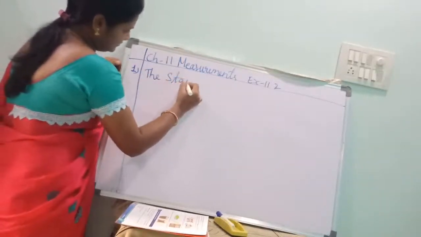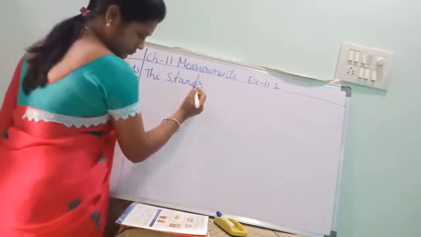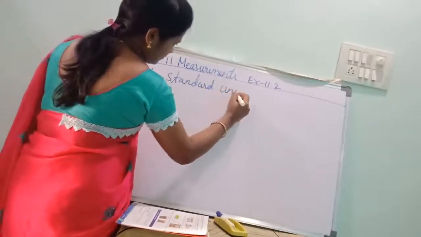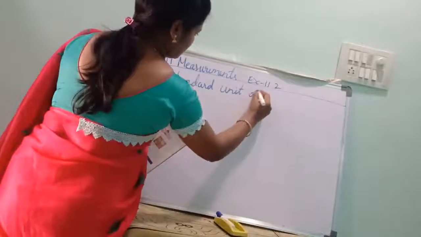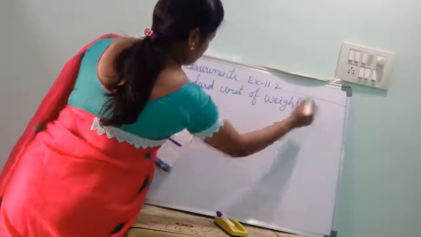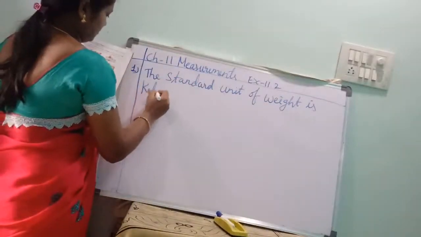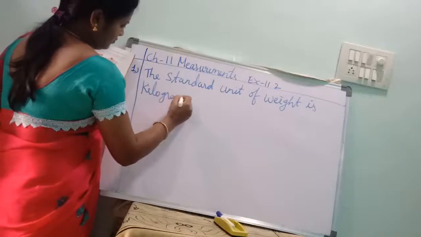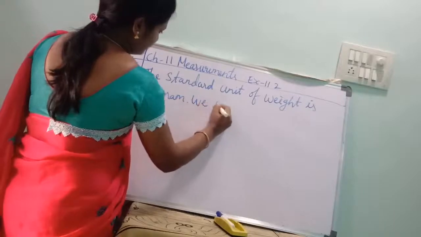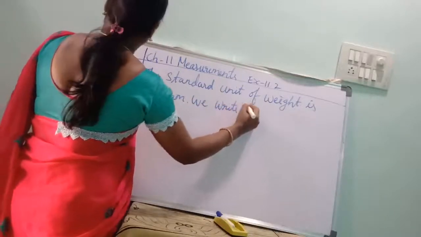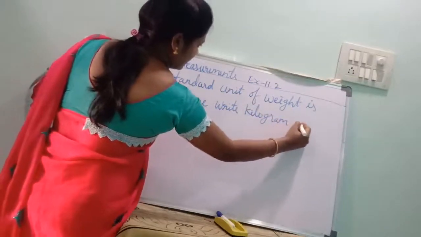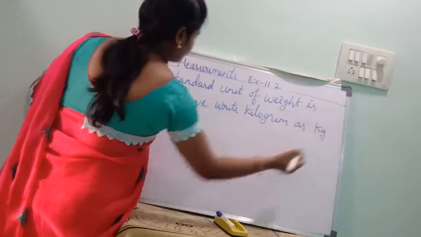The standard unit of weight is kilogram. We write kilogram as kg. Understood?